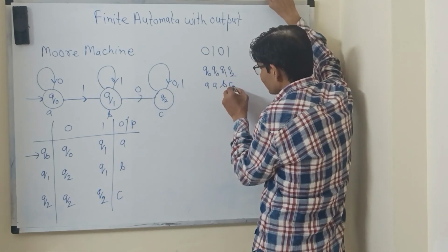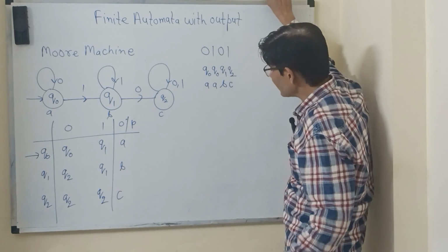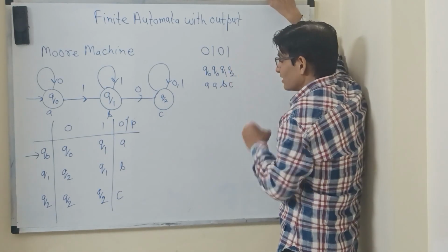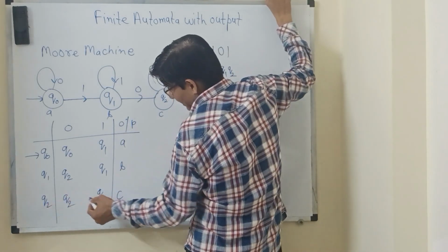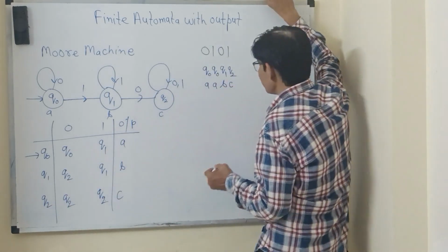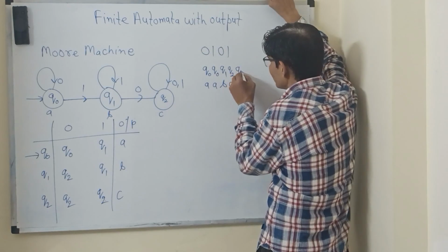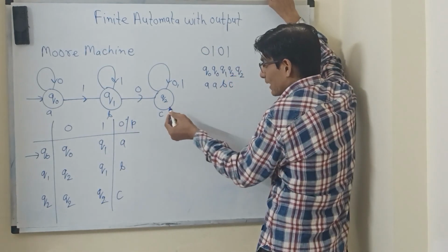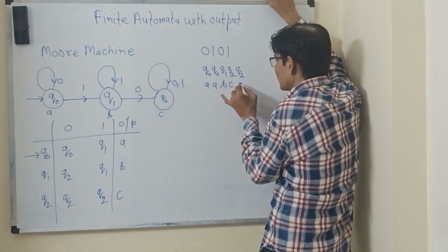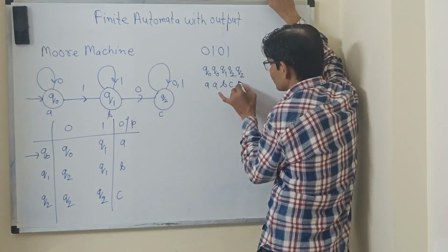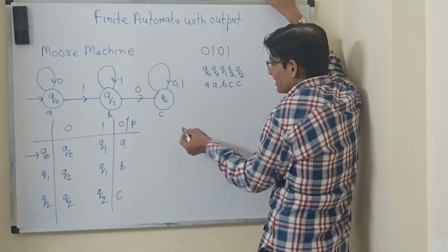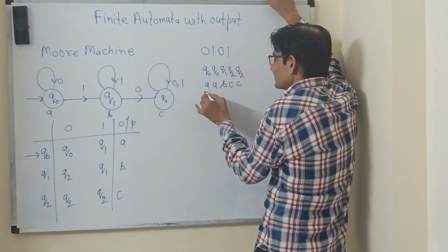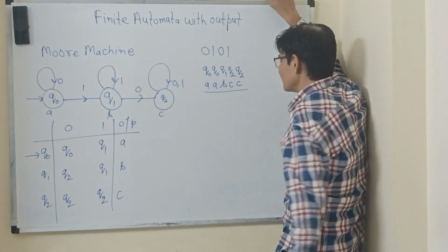Now we are on q2 and we are getting 1, so we stay on q2. As we are staying on q2, we again generate the output associated with q2, that is c. In this way the string is completed. So this is the final output of this machine.